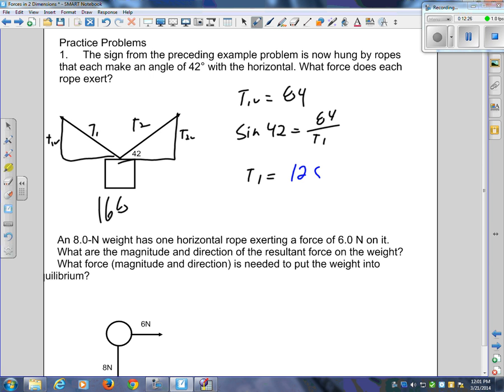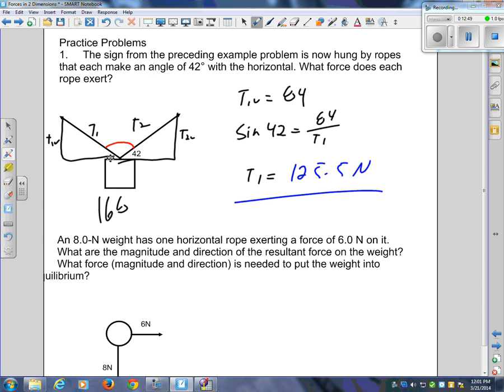5.5. Excellent. Okay. One thing you might need to be careful of is sometimes the problem might give you this angle here. What would this angle be here if these are both 42? How would you figure that out, Garrett? 96. How'd you get that? 180 minus 42 times 2.